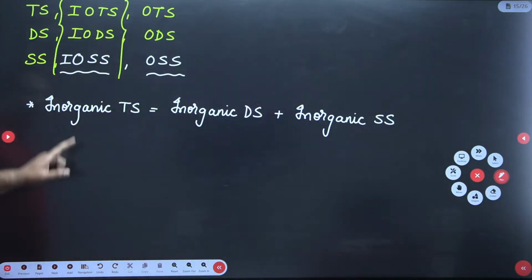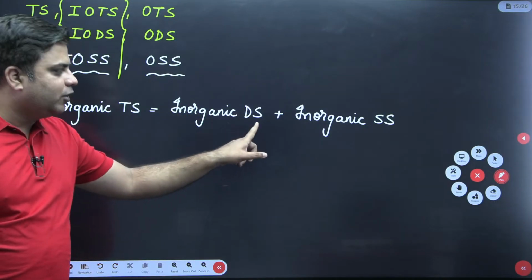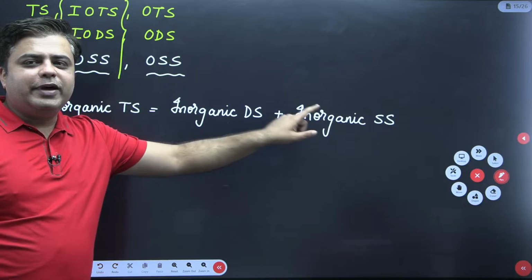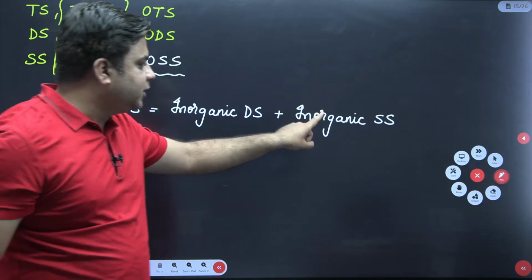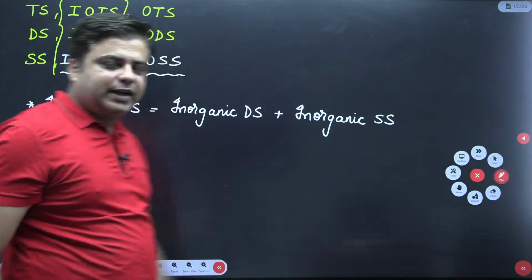So you know the concentration of inorganic total solids, you know the concentration of inorganic dissolved solids, you can very easily calculate the concentration of inorganic suspended solids. So first problem is rectified.